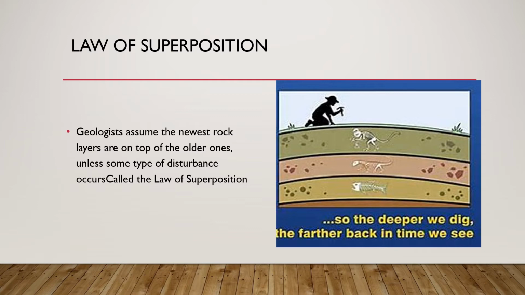So what superposition means, in order to determine the age of fossils or rocks, when a rock is deep underground, at the very bottom, that rock or fossil is older compared to those above it. So the lower or deeper fossils are the oldest fossils, and the ones found on top are newer fossils. That is what the law of superposition means.